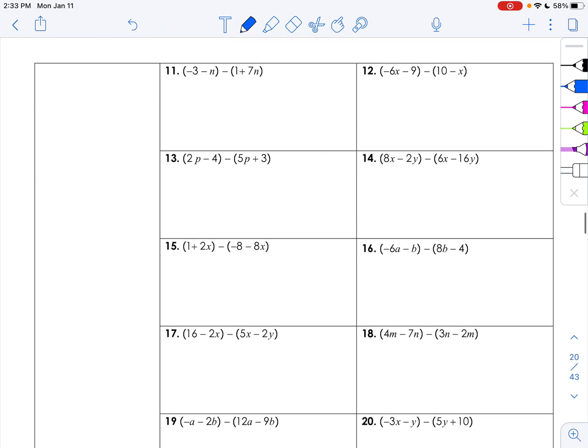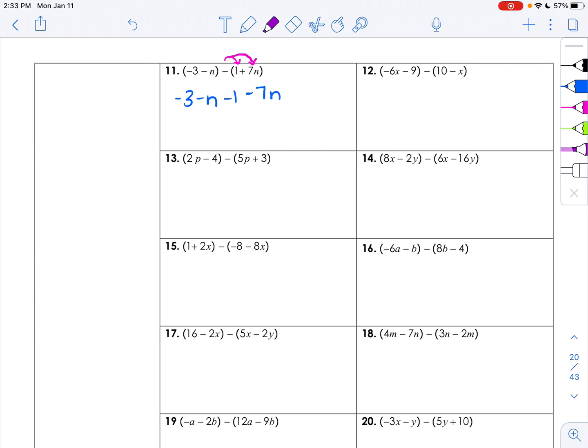Let's take a look at a couple more examples. Number 11, I'm subtracting, so our first expression stays the same. And then we're going to distribute our negative into the second expression. We're going to multiply that by negative 1. So negative 1 times 1 is negative 1, and negative 1 times 7n is negative 7n.